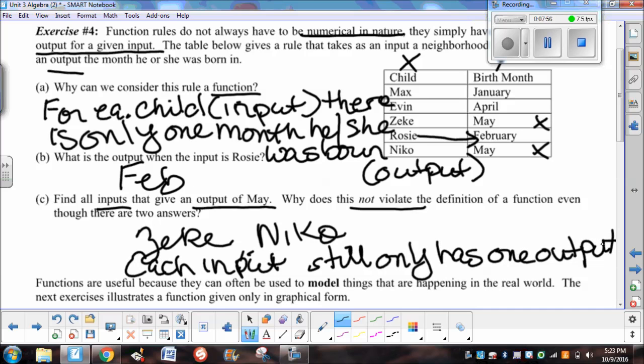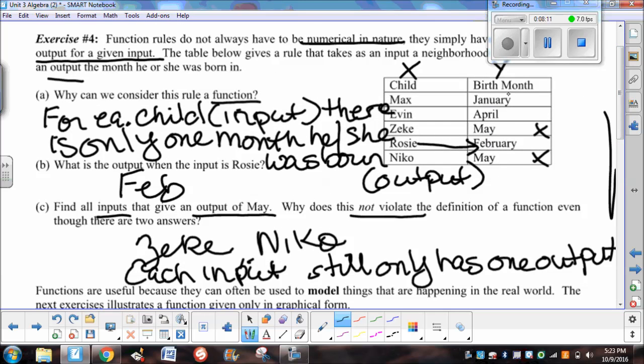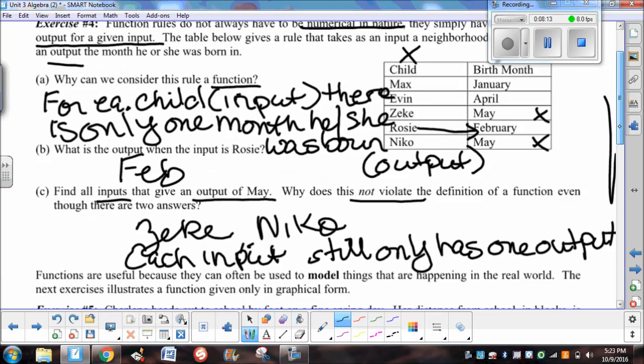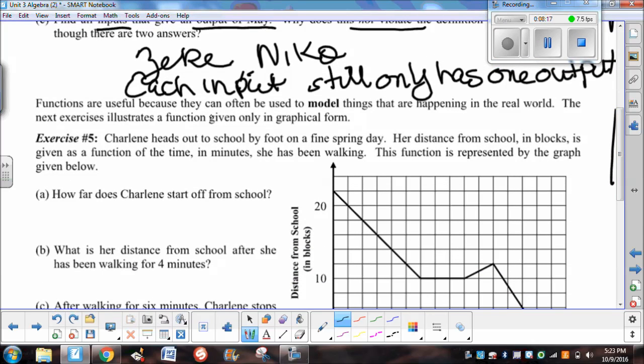Okay, it doesn't matter. There's no condition of functions that insists that each output has only one input. Okay, so it's okay to be the reverse of that. So meaning you can have repeats in this y or this output column. That's still okay. Functions are useful because they can often be used to model things.